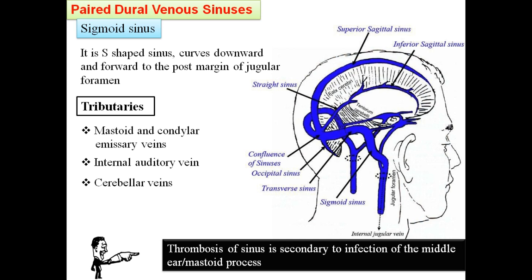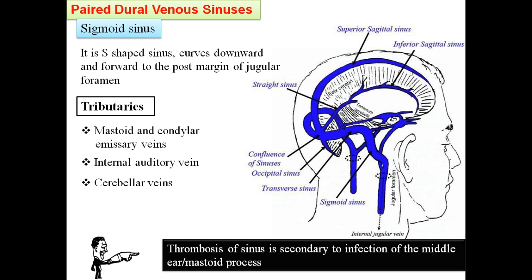Sigmoid sinus: it looks like an S shape. You can see that the sigmoid sinus curves downward and forward to the posterior margin of the jugular foramen.